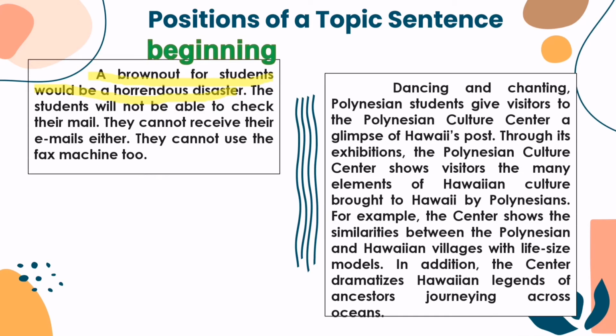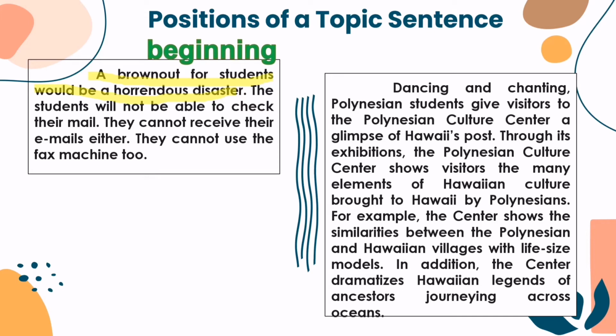Dancing and chanting Polynesian students give visitors to the Polynesian Culture Center a glimpse of Hawaii's coast. Through its exhibitions, the Polynesian Culture Center shows visitors the many elements of Hawaiian culture brought to Hawaii by Polynesians. For example, the center shows the similarities between the Polynesian and Hawaiian villages with life-size models.